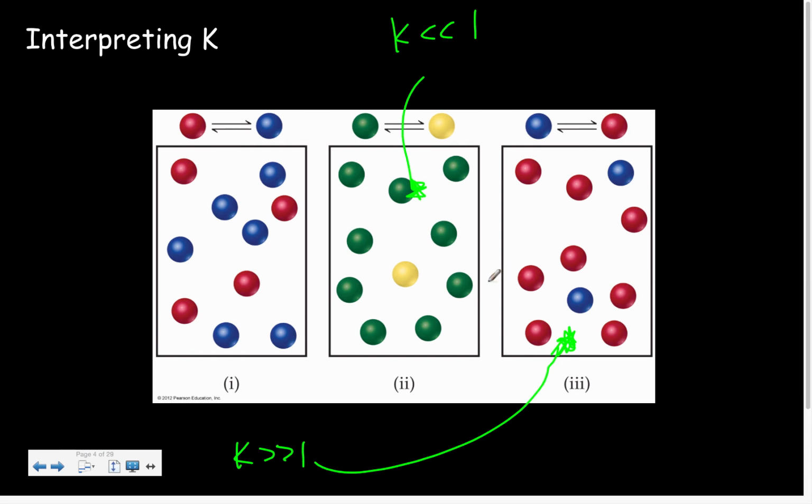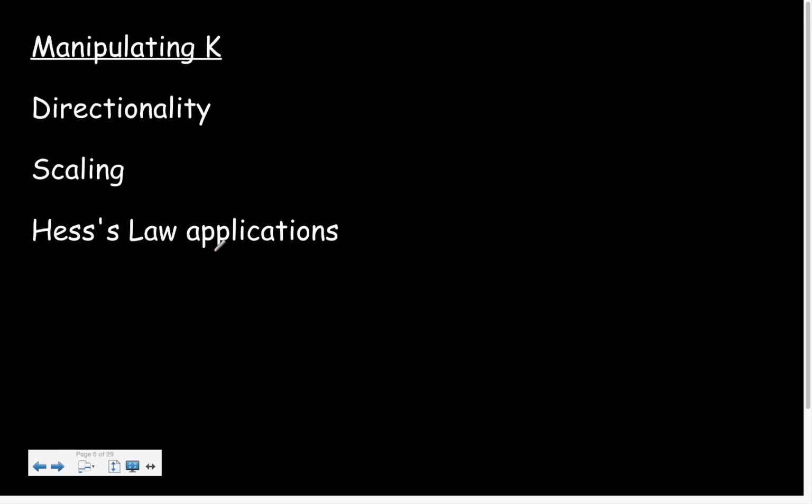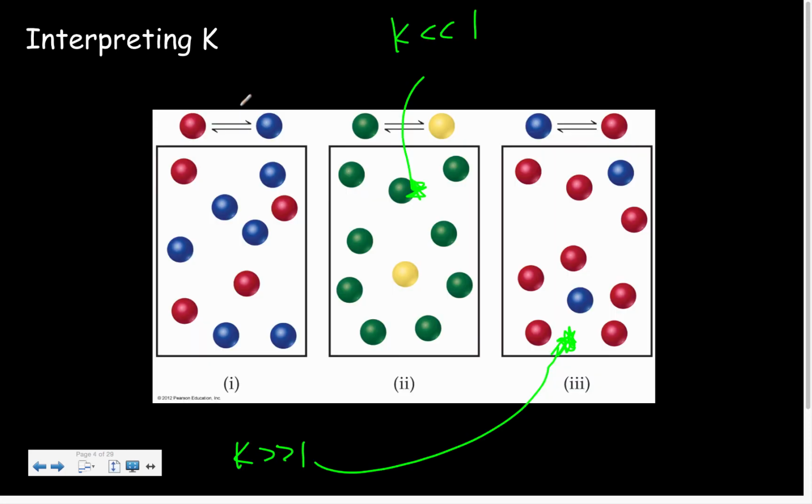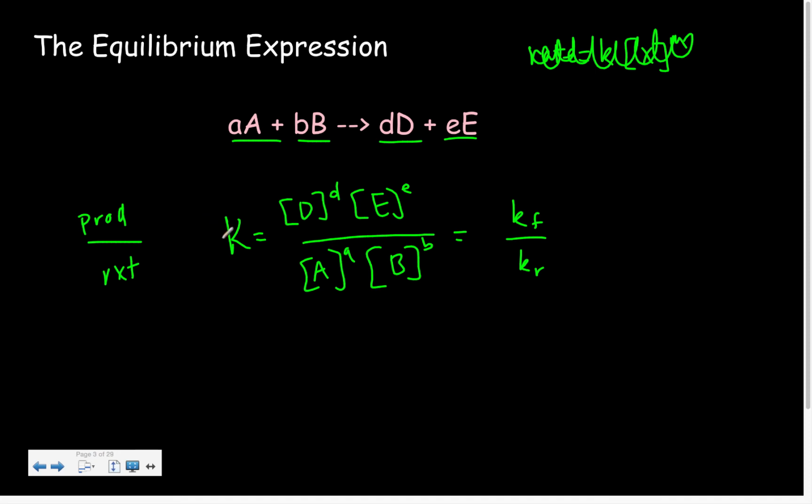Makes sense? Okay, now, once we have a K value, we can obviously manipulate our equation to manipulate our K. For directionality, we just said reactions can go forward and backwards. Ks are always for the reaction as written. So going back here, the K for this is based on this as written.